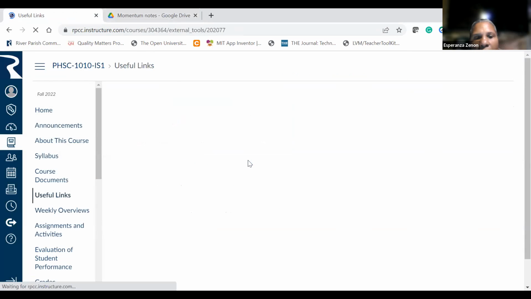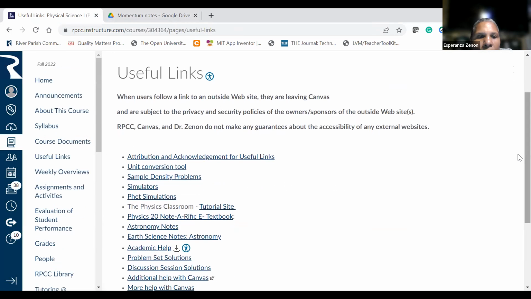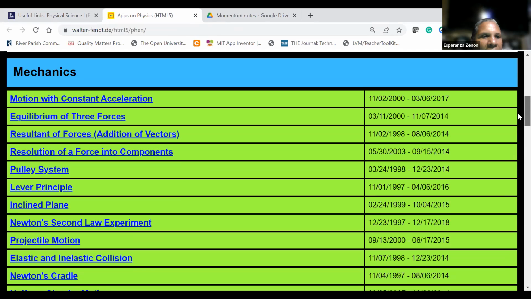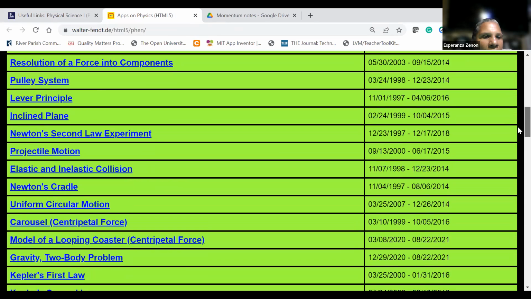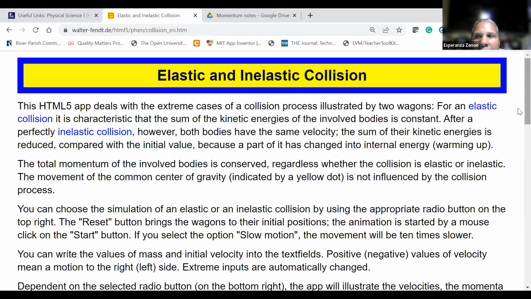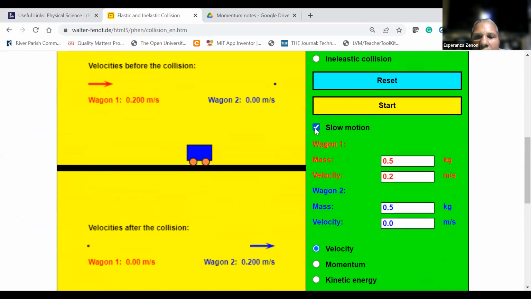There's also another very good one. Actually, I like this one a little bit better, to be honest with you. If you go under simulators and you choose the one that says elastic, inelastic collisions. Okay, and this one I'll do in slow motion.